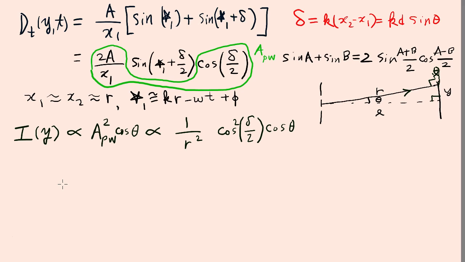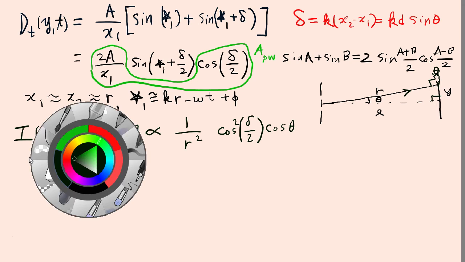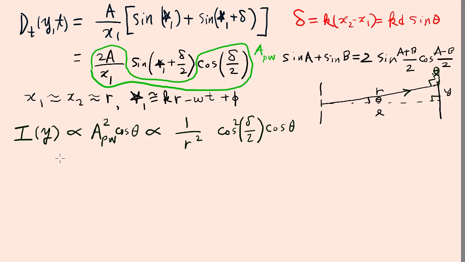So that's the final formula for the intensity in a Young's double-slit experiment where the screen of measurement is a vertical flat screen. One more thing that you can do is fix the proportionality constant by specifying the intensity at a convenient reference point.